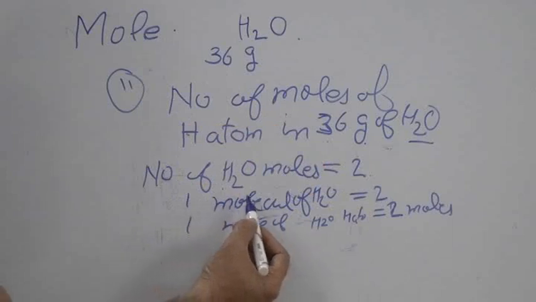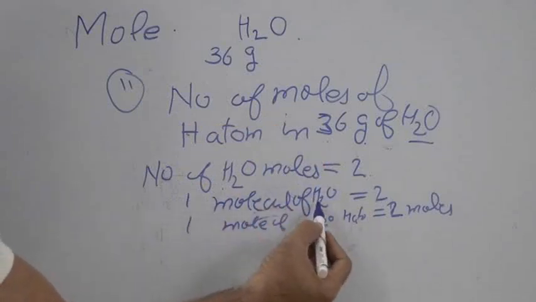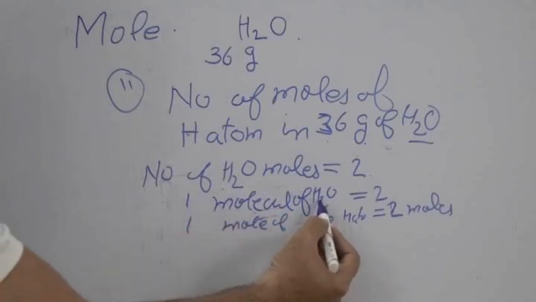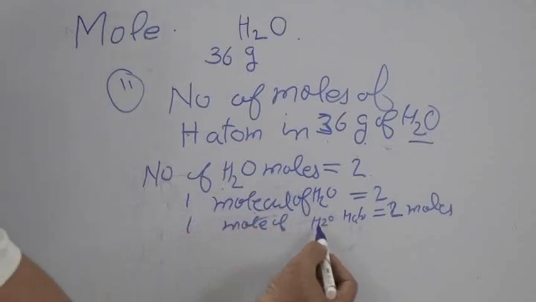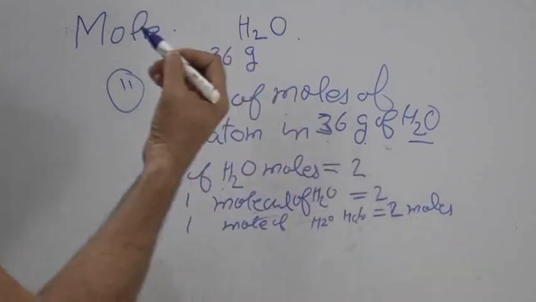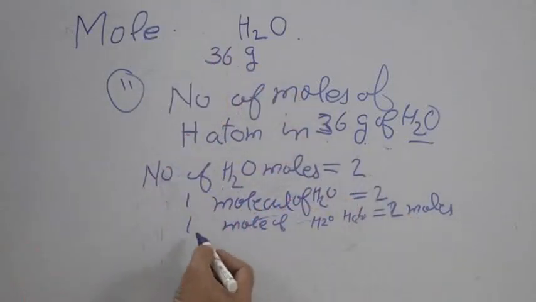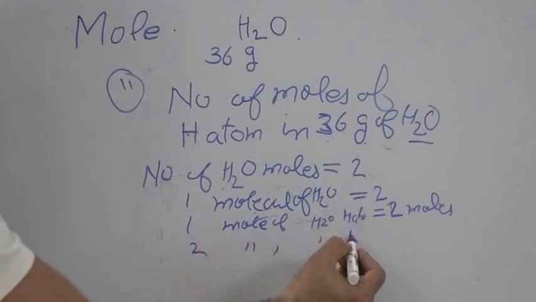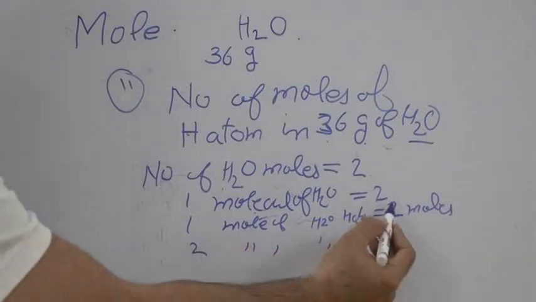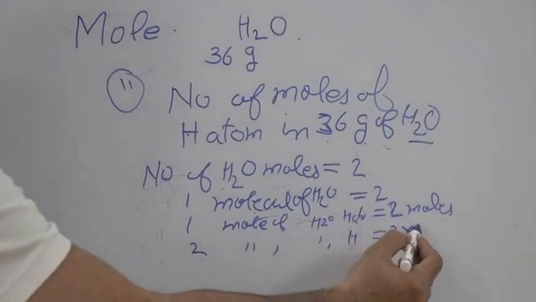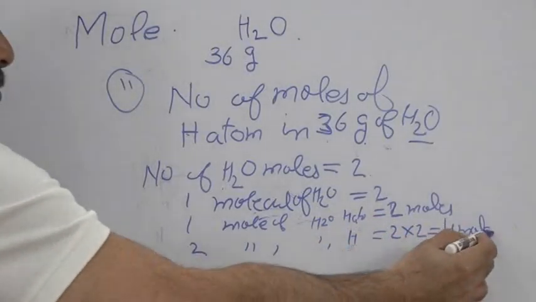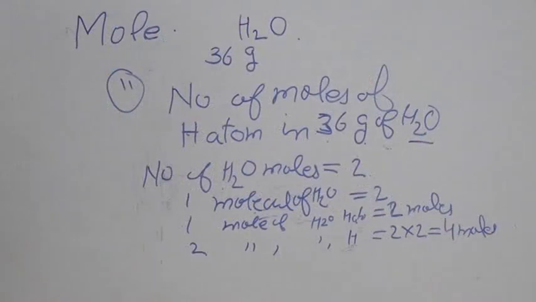If we take 100 molecules of H2O, then it would be 200. 1000, then it would be 2000. If 1 mole, it would be 2 moles. Is that clear? And what is the total number of moles? This is 2. Therefore, in 2 moles of H2O, number of H atoms would be 2 into 2, that is 4 moles. I think this is clear to you.